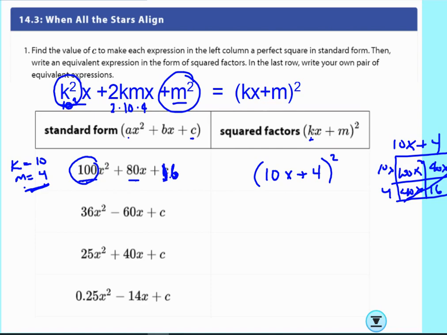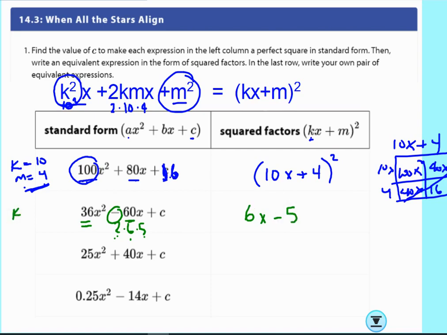All right, you should have tried these on your own. So here we found that k is 6. And then if that's 2 times 6, 2 times 6 is 12. Well, we need a 5 in there, right? 5 times 2 is 10, times 6 is 60. But it needs to be a negative number. So, okay, we're going to need this to be a negative 5 to make that work out.